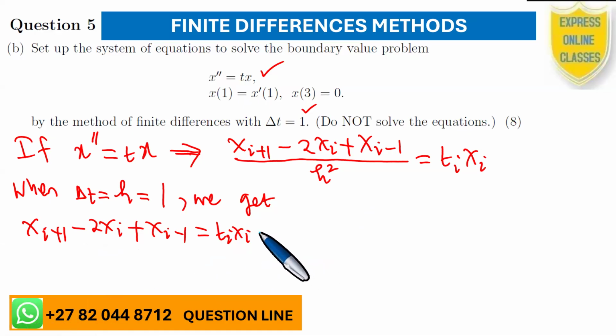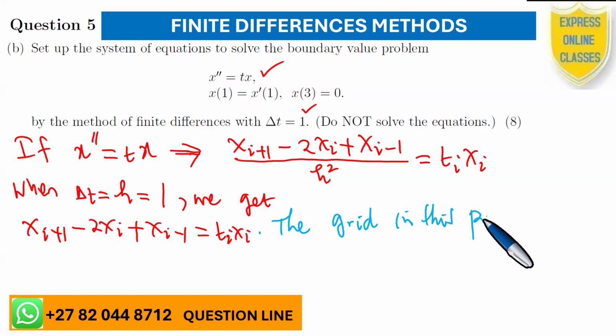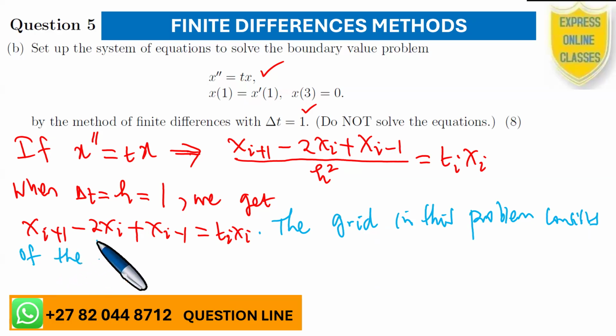The grid in this problem consists of the following points.